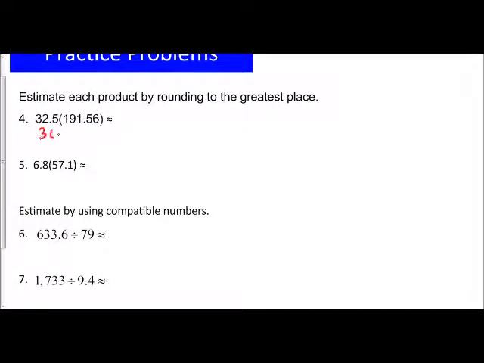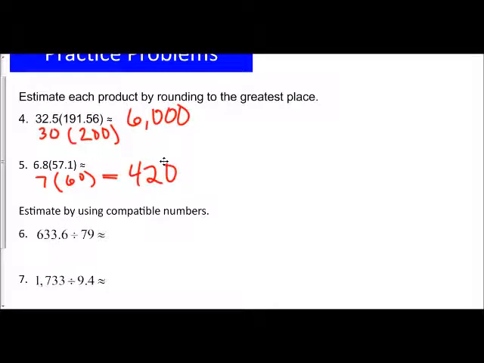So this is going to be 30 times 191 is going to round to 200. 30 times 200 is 6,000. This is going to round to 7, and 57 is going to round to 60, and that's going to be equal to 420.